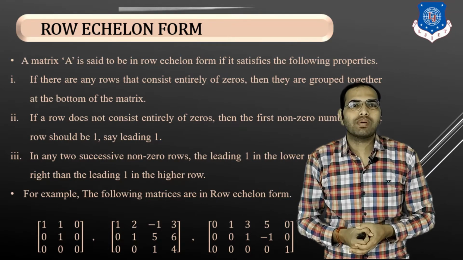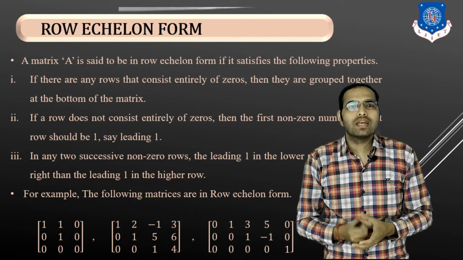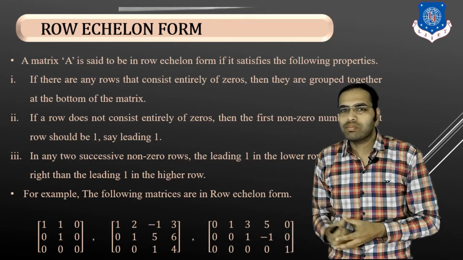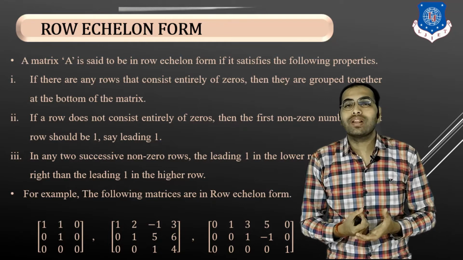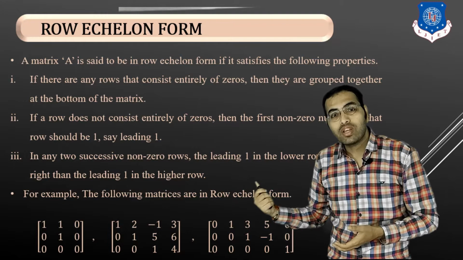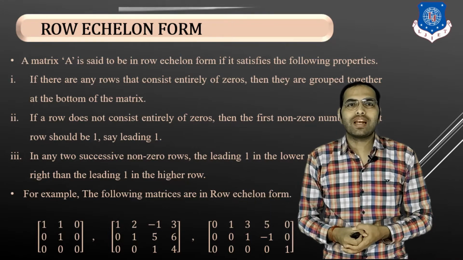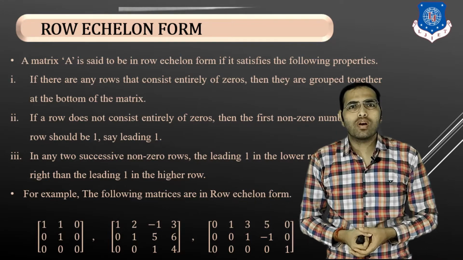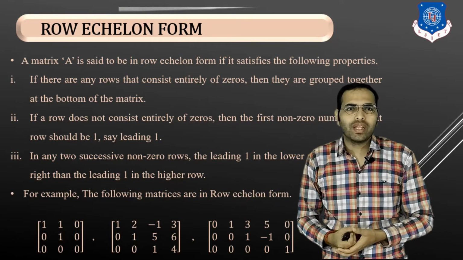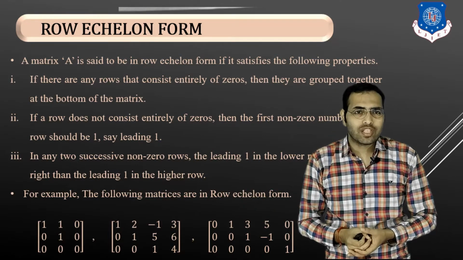Similarly, second example: 1 2 -1 3, 0 1 5 6, 0 0 1 4. In this example also all the conditions are satisfied. Here each and every row is a non-zero row. That means if a zero row is absent, there is no need to satisfy the first property; it is automatically satisfied.